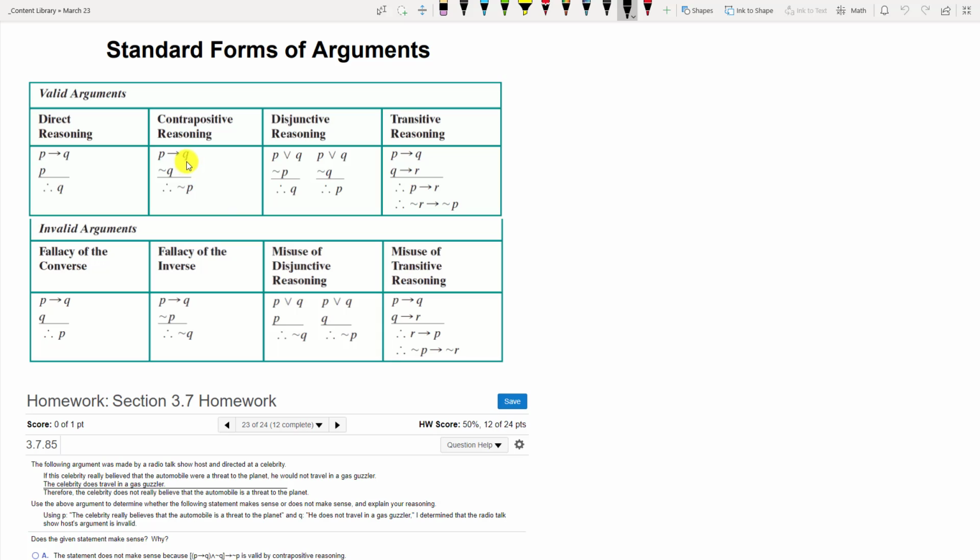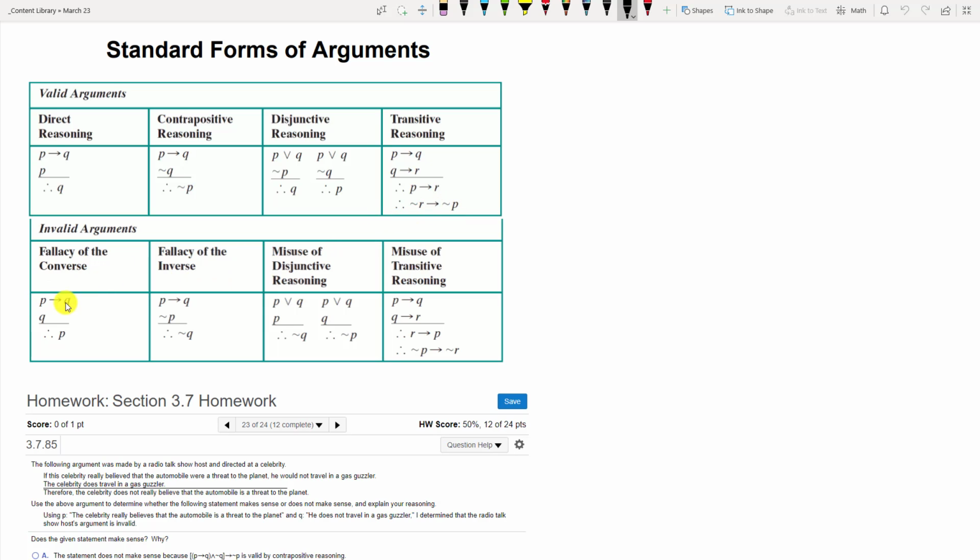Contrapositive reasoning says, we've talked about how the contrapositive is always true for a conditional statement. So if you negate Q and then do a conditional to not P, then that's true. There's disjunctive reasoning, and you can kind of study those. Transitive reasoning says, if A then B, and if B then C, therefore if A happens then C happens. Or you can do the contrapositive of that.